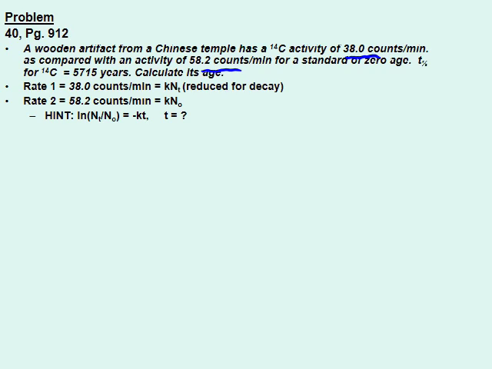Counts means how many disintegrations are happening every minute, or how many particles are getting out of this carbon 14, which gives a beta particle. Now, half-life is given as 5715, and you are supposed to calculate the time or age. So how long ago was that particular wooden artifact living?